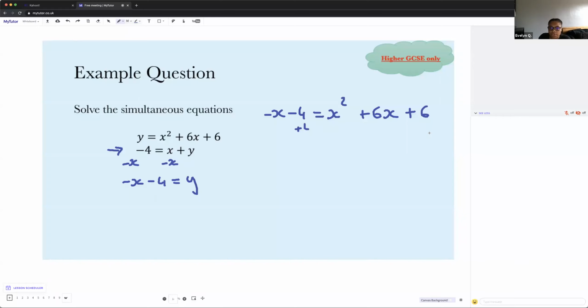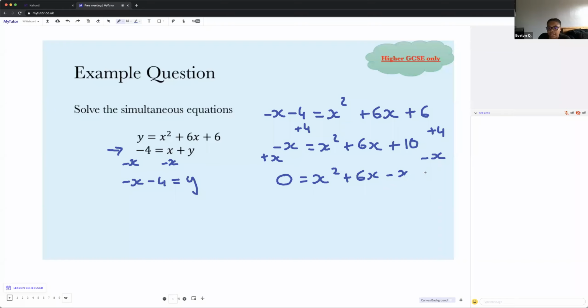So I'm going to add 4 to both sides first. So I'm left with minus x equals x squared plus 6x, and 6 plus 4 is 10. And then I'm going to add x to both sides to get rid of that minus x. So I've got 0 equals x squared plus 6x minus x plus 10. And 6x minus x is just 5x.